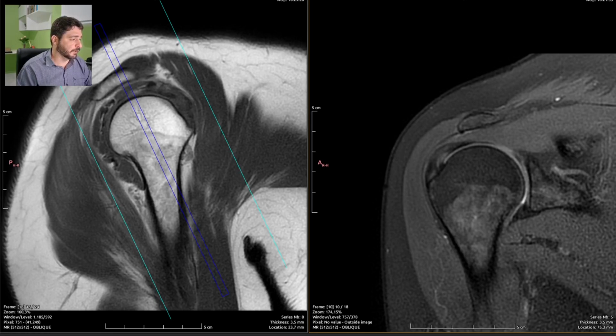No tendon tears, at least not that we can see. And there is also a tenosynovitis of the long head of the biceps tendon.